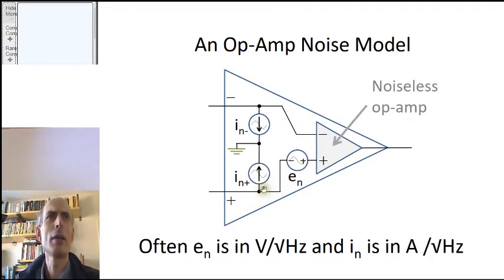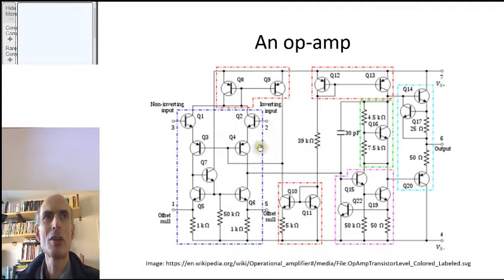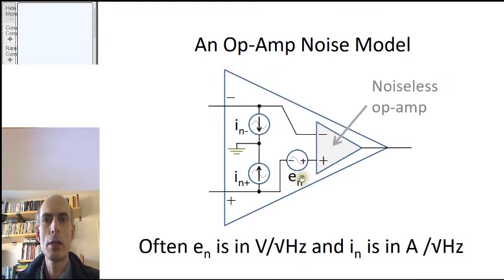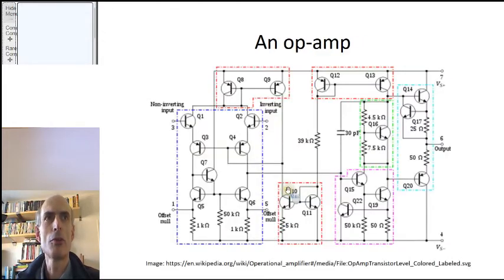It's worth pointing out that just because this is an equivalent input noise current doesn't mean that the only contributions to this come from the noise currents in the semiconductor devices, the shot noise. Similarly, the noise voltage there doesn't just correspond to the noise voltages in the resistors, the thermal Johnson noise coming from the resistors.